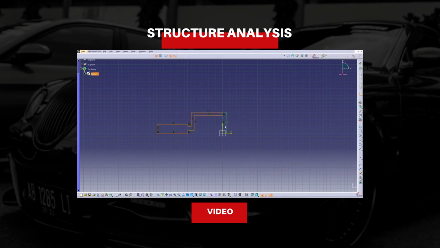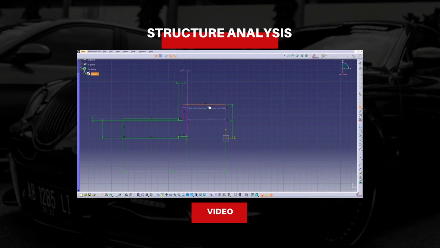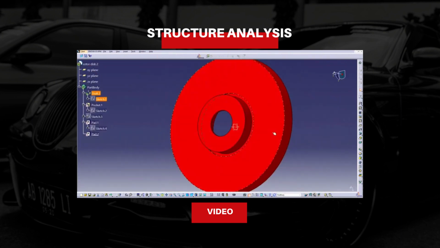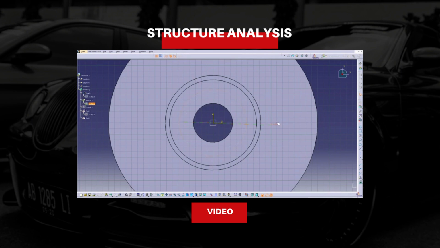This is how we design our rotor brake disc. First, we will draw the rough design for the half cut for the rotor brake disc. The drawing is only the outline. Next, we will start constraining the outline with the dimension given. After we complete the constraining, we will extrude the design so it will be in 3D form.